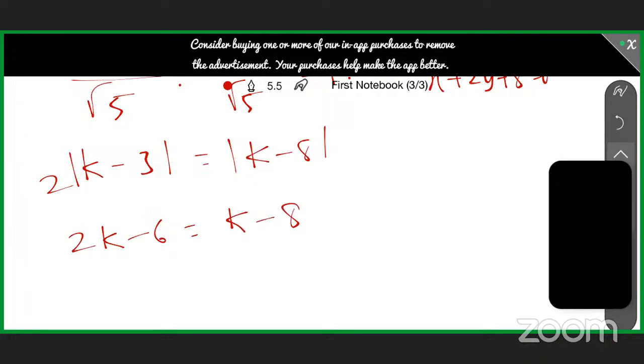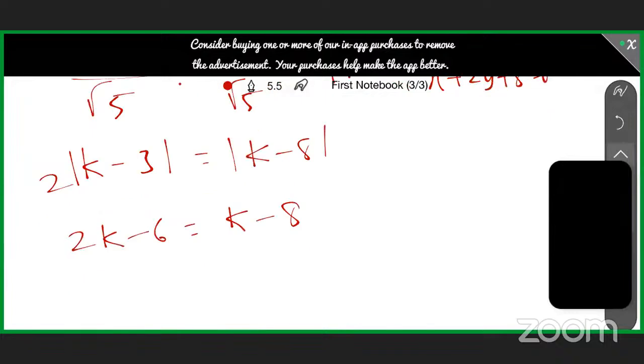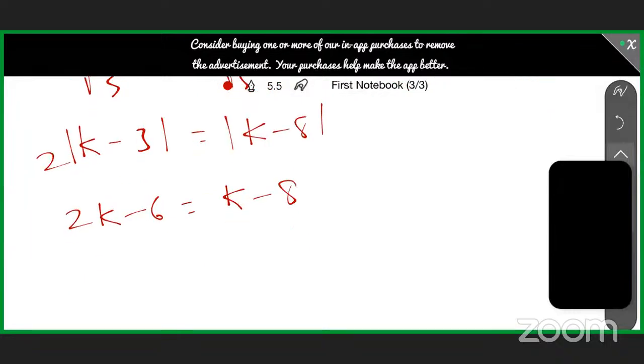This is equal to what happens? If I send this one to this side, this will be k, that is equal to minus 8 plus 6, which becomes minus 2. So my k value is equal to -2.